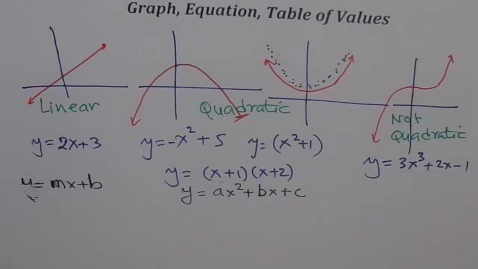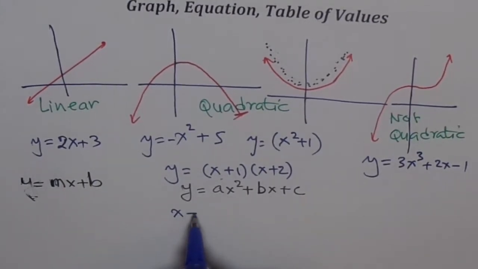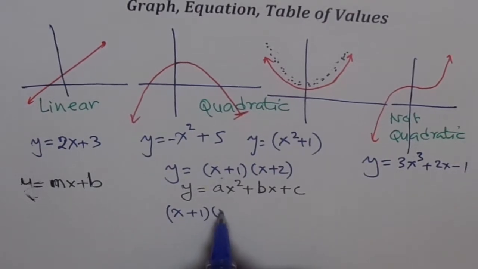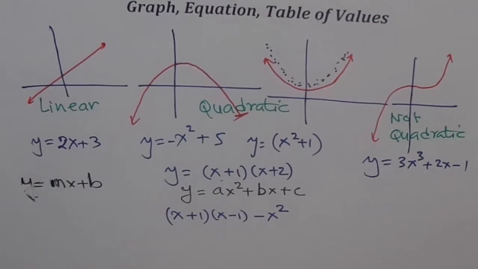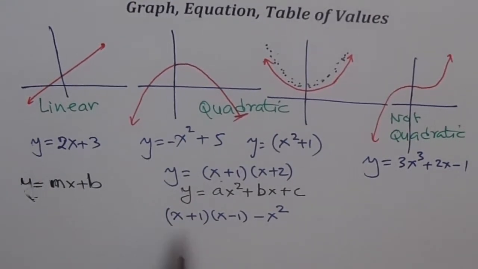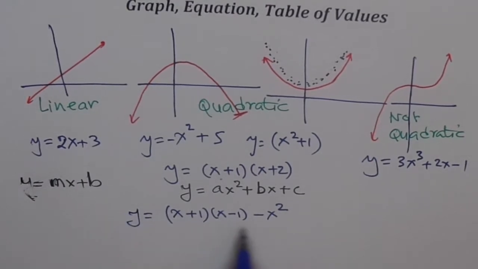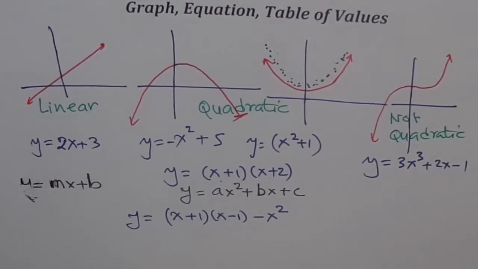Now, sometimes you may get an equation which may look like a quadratic function. Let me give you one, right? For example, if I write y equals x plus 1 times x minus 1 minus x squared. Now, does that represent a quadratic relation? Looking at it, the degree is 2 and this is also 2. It is, okay?